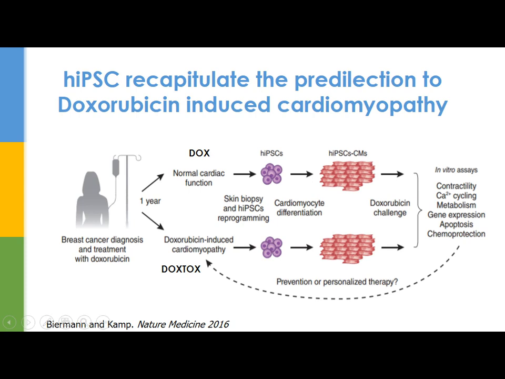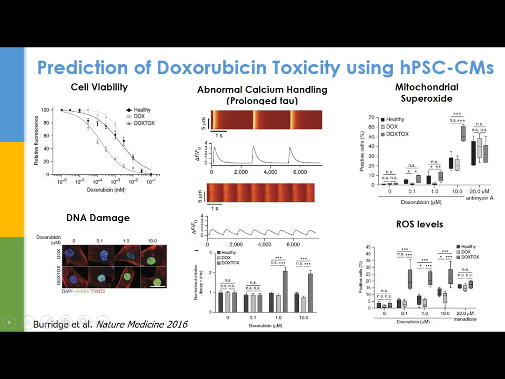And 4 healthy controls. And they assessed, using multiple parameters, the doxorubicin damage. They assessed contractility, calcium cycling, metabolism, gene expression, apoptosis, and chemoprotection.